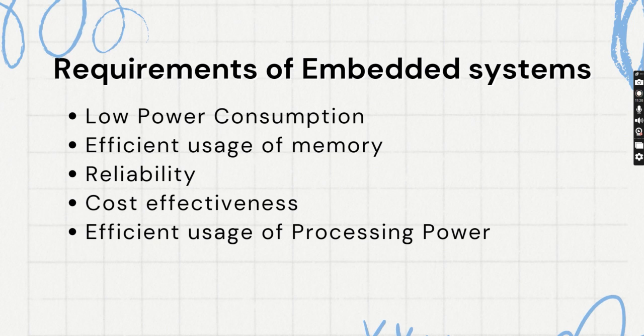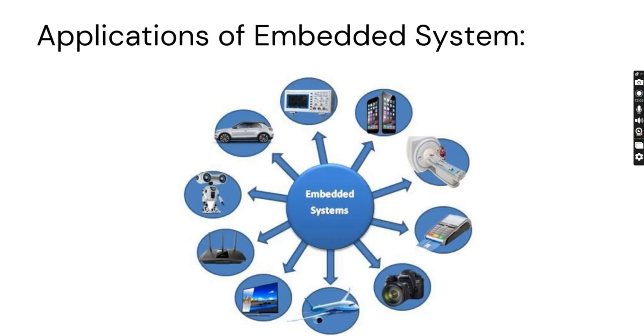We should use the processing power according to our need, in an efficient manner. Whenever we are using an embedded system, we should take a processor that uses power efficiently, because if it takes more power, then it will get overheated, and we need a bigger cooling system. So we should use the processing power efficiently to perform more tasks.